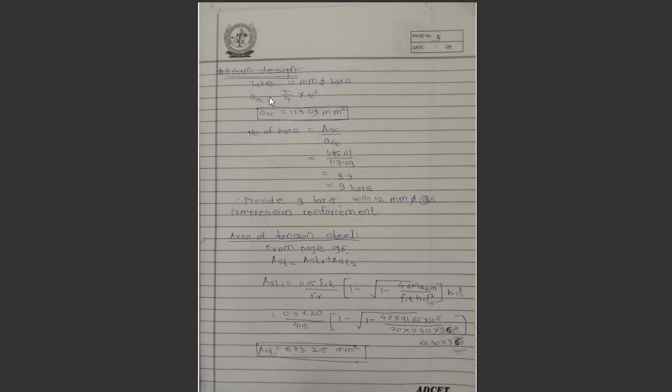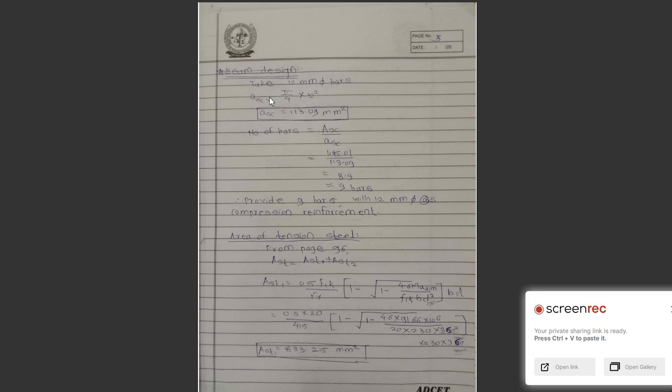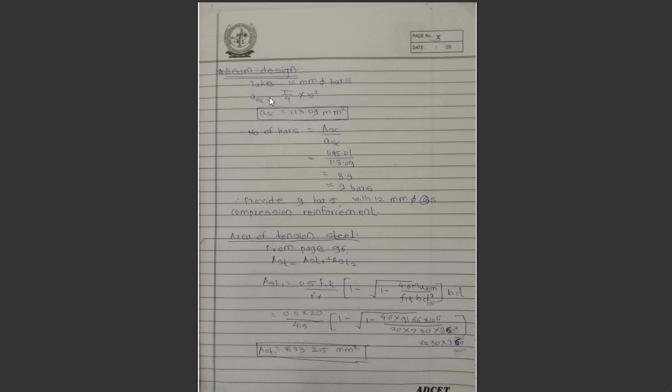Then taking a diameter as 12 mm, we have to calculate small Asc. After calculating small Asc, we will calculate number of bars required, that means capital Asc divided by small Asc. After getting number of bars, we have to go for tension steel calculation.